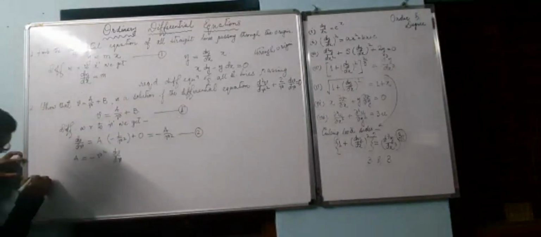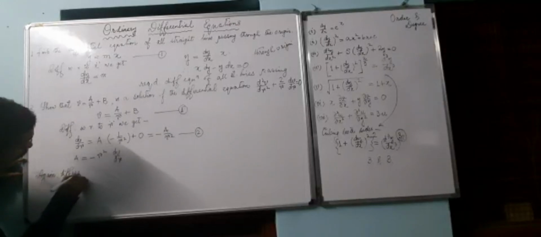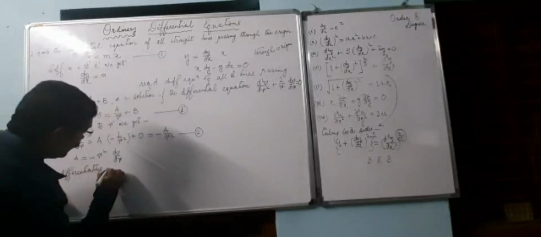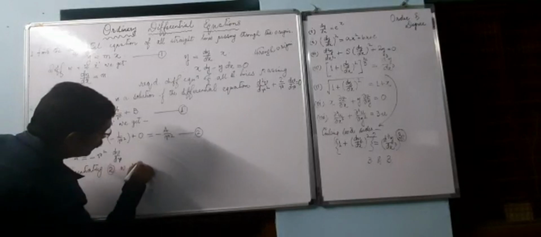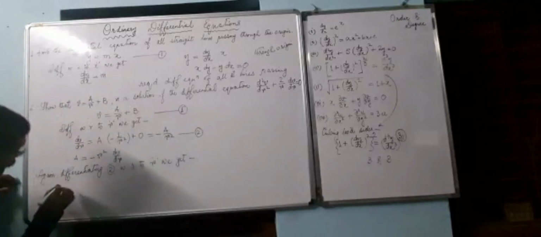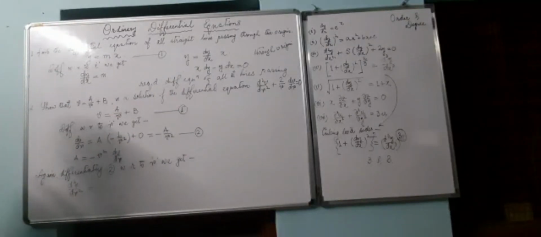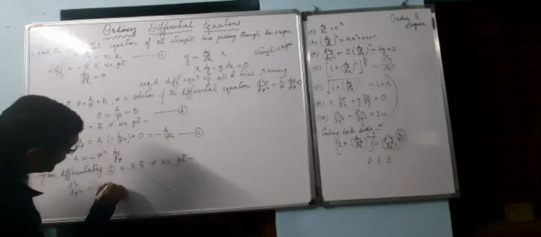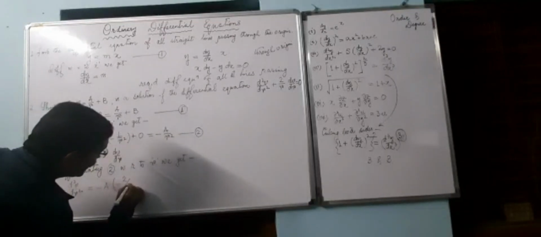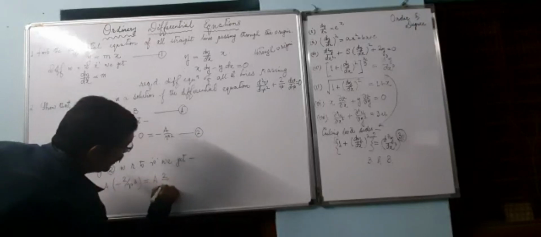Again differentiating relation 2 with respect to r, we get d2V/dr square equals minus a times the derivative of 1 by r square, which is minus 2 by r cube, so d2V/dr square equals a into 2 by r cube.